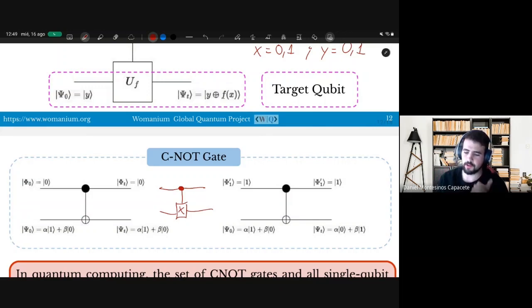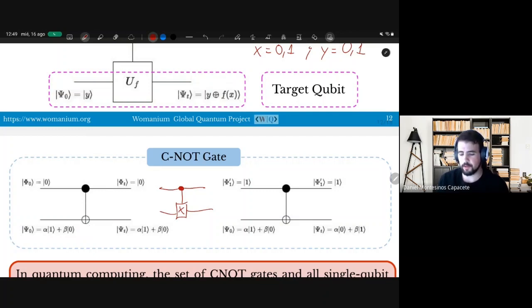So the CNOT gate is just a controlled NOT gate. This operator is just the NOT operator that corresponds to the X linear operator. But normally, instead of writing this, they usually write this in this way. This is the X operator.